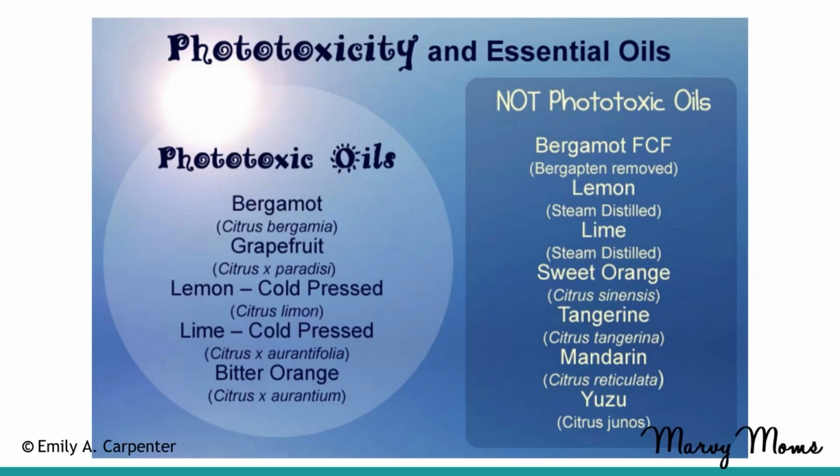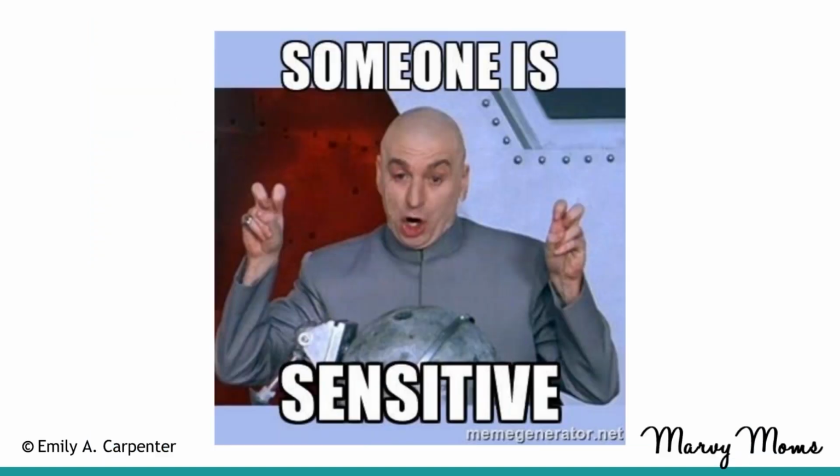If it's something I'm going to be applying to my face or any area that is exposed to the sun, I just try to find another oil to use. It's just not worth the risk for me to get the percentage wrong, go over that limit, and then have a phototoxic reaction. I wouldn't want to be responsible for that on myself or any other person that I care about, or anyone for that matter.